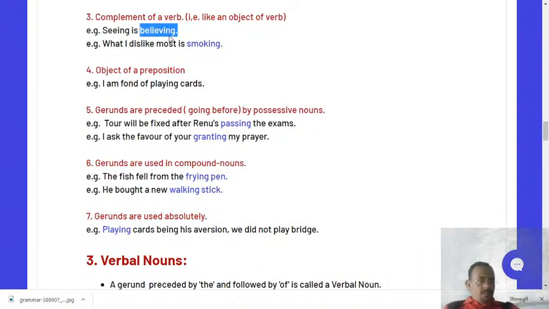So tell me, there is a question for all of you, dear students. The question is, in the sentence seeing is believing, seeing can also be a gerund. So when I say seeing is also a gerund, in that case what characteristic of gerund is the ing word seeing fulfilling? Why should we call seeing a gerund in the sentence seeing is believing?